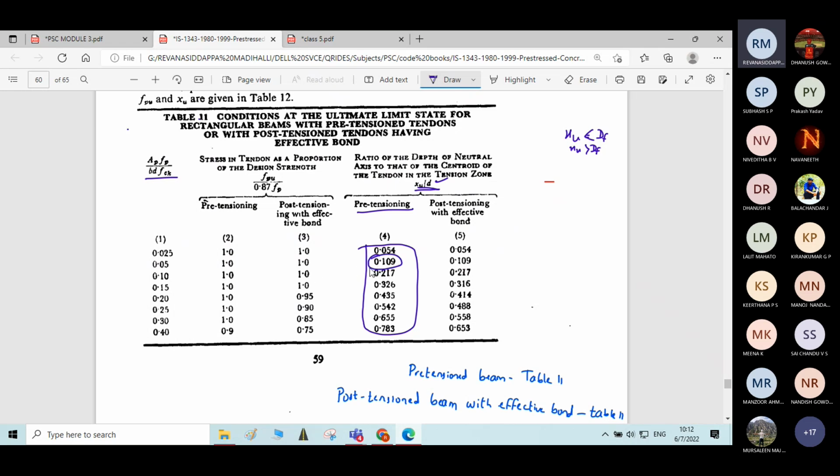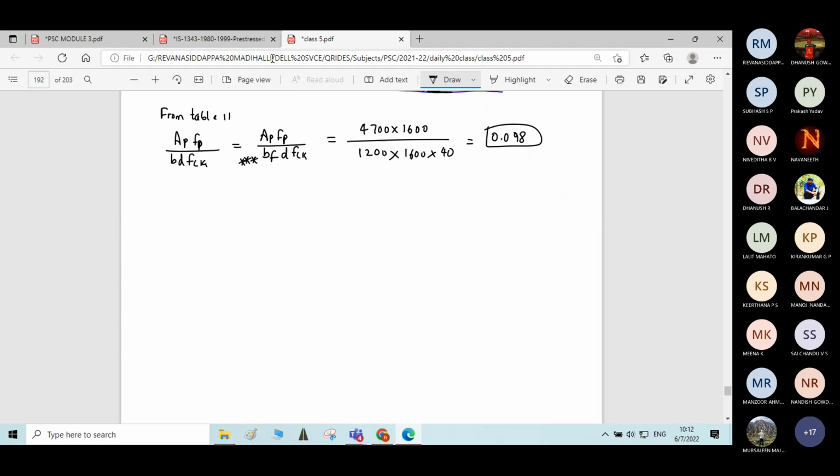For 0.10, we have the value of xu by d as 0.217. Let me write here the same thing from Table 11. From Table 11, for Apfp by b d fck equal to 0.05, the corresponding xu by d is 0.109.